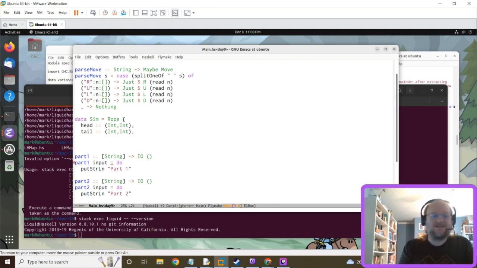Let's try it like this. We could even create a coords type if we were writing nice maintainable code.